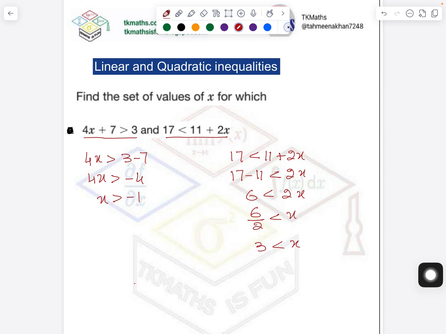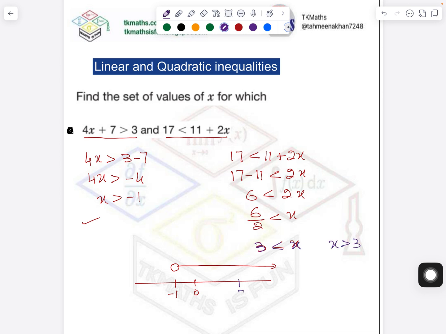Now if you can do it mentally, it's fine. Otherwise, for your quick reference, you can draw a number line for yourself. So according to this part, x greater than minus 1 mean all these answers which are this side of the minus 1. And according to this part, I will read it as x is greater than 3, right?